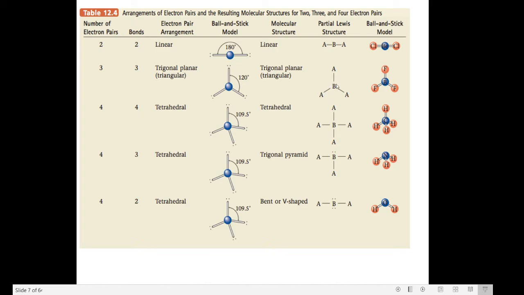Here the bonds are 3. The angle between the 3 bonds is 120 degrees. When the angle between the atoms is 120 degrees, that is trigonal planar. Then if the angle between the 4 atoms is 109.5, that is tetrahedral.